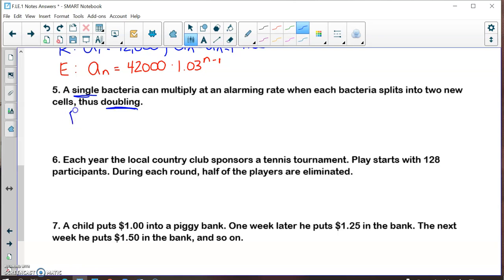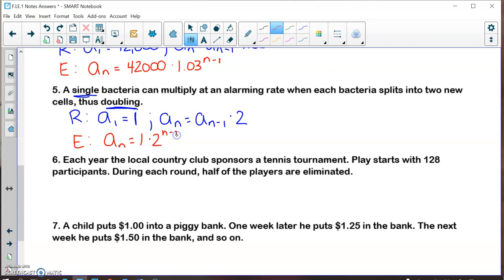So this is a geometric sequence. So my recursive formula would be a sub 1 is equal to 1, I start with a single bacteria; a sub n is equal to a sub n minus 1 times, since we're doubling, times 2. The explicit formula would be a sub n is equal to 1 times 2 to the n minus 1 power.